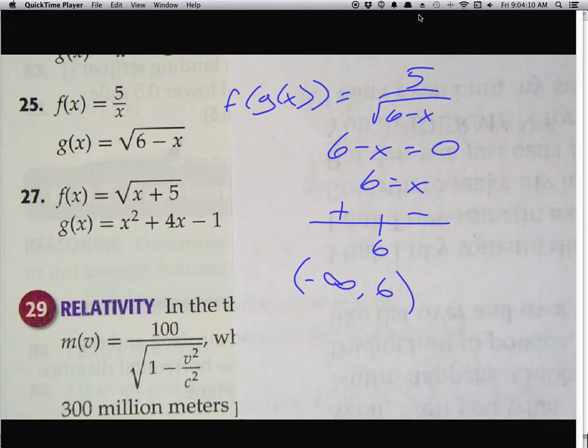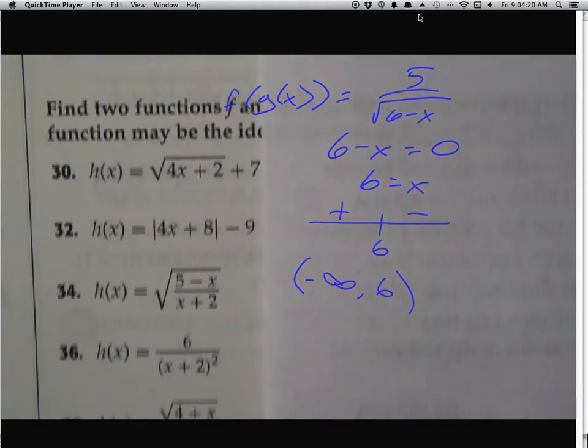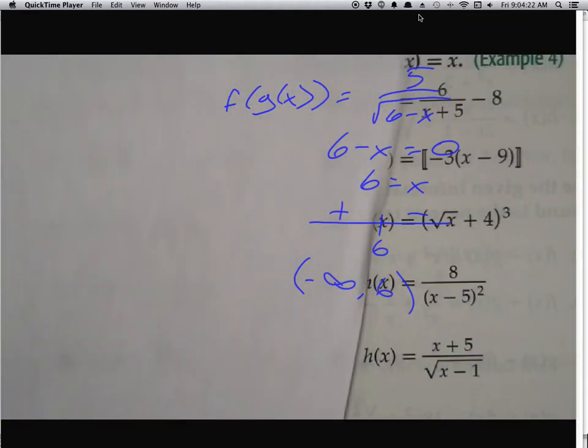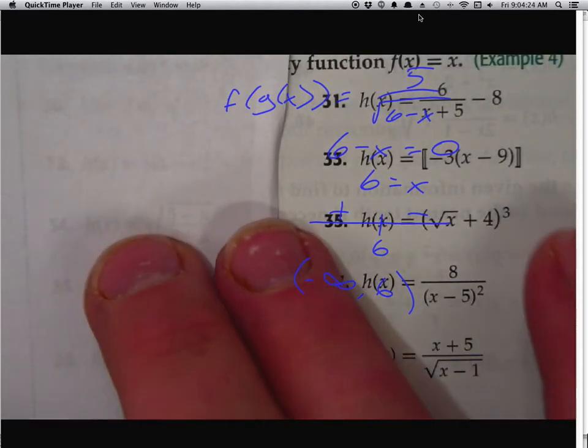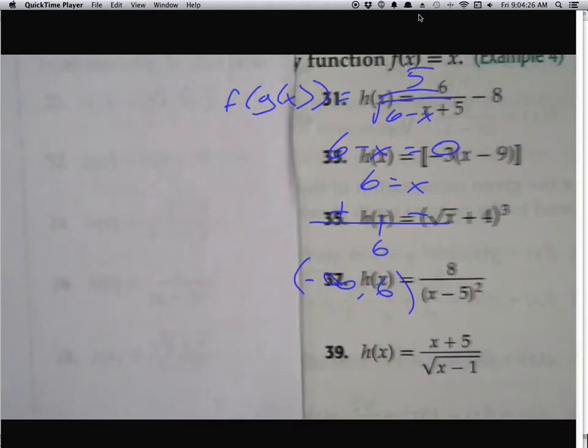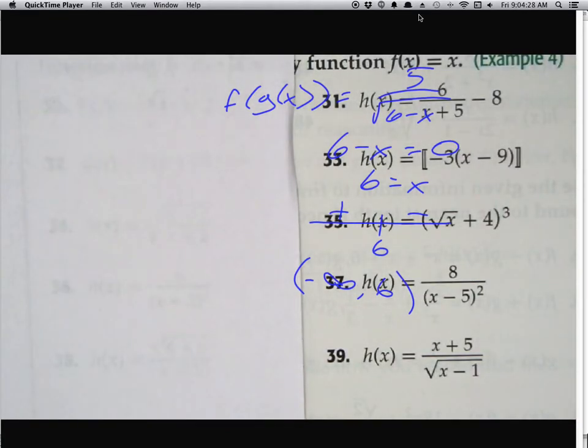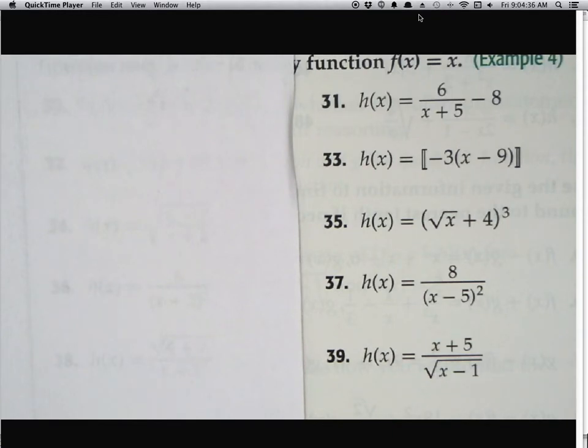So I want to look at 31 to start with. Again, they're giving me a composition, so they're already telling me that 2 functions were put together to get the function that's up there.